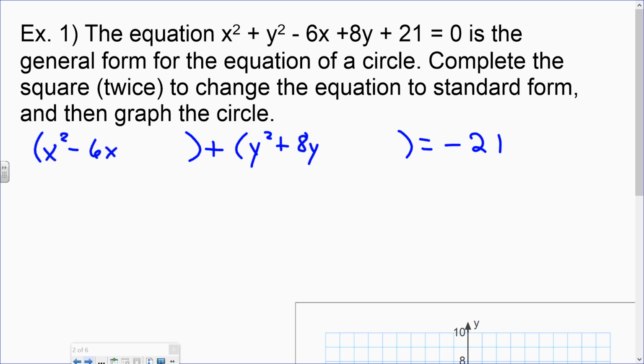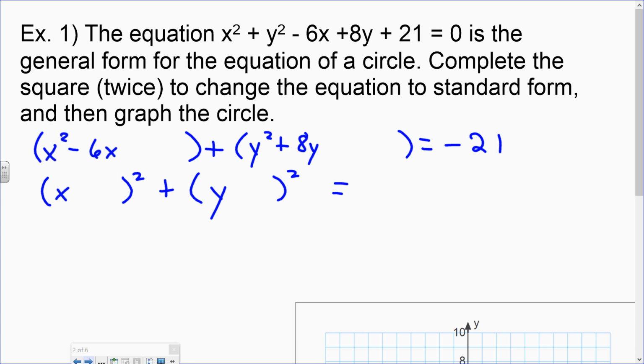Then we're going to complete the square on the x's, so we're going to have a short parentheses, x with something squared, and then we're going to have another short parentheses, y with something squared, and figure out what it has to equal.